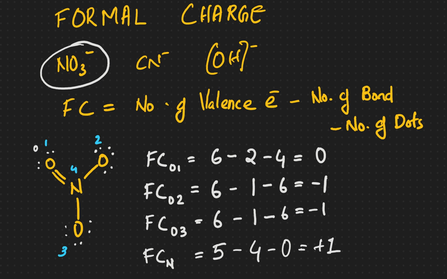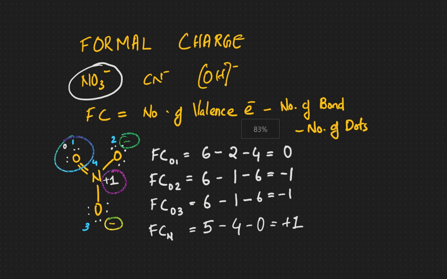So here the nitrogen is plus 1 and these two oxygens are negative. This oxygen has no charge. Similarly we can calculate for other molecules and ions also.